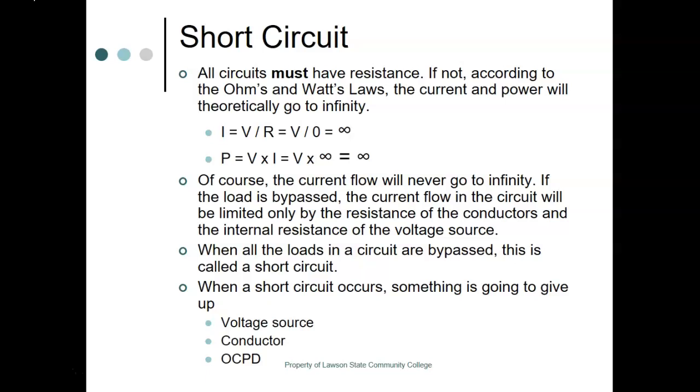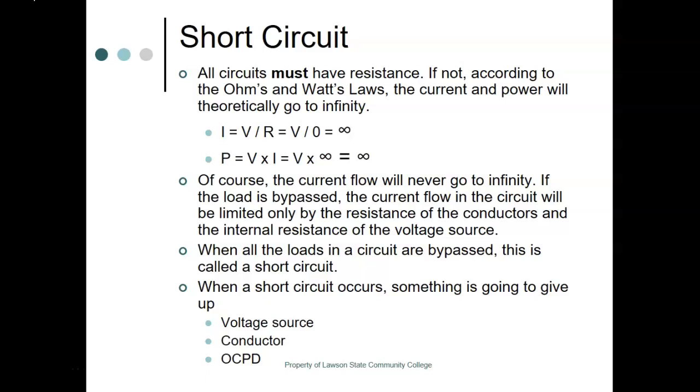So of course the current flow will never go to infinity because if the load is bypassed, the circuit will be limited only by the resistance of the conductors and the resistance of the voltage source. They don't have much resistance. This is the point where you generally see bad things happen. So when all the loads in a circuit are bypassed, it's called a short circuit.